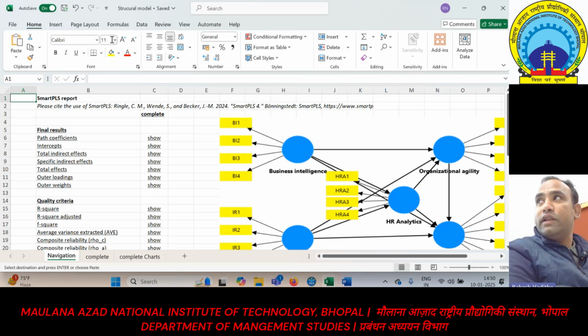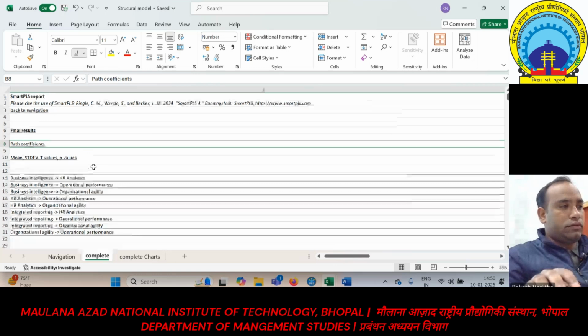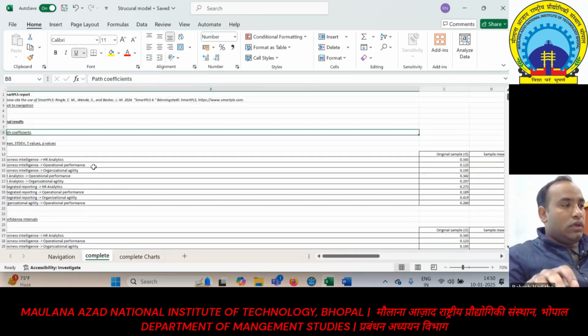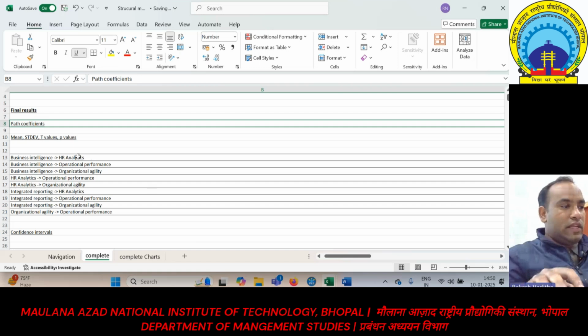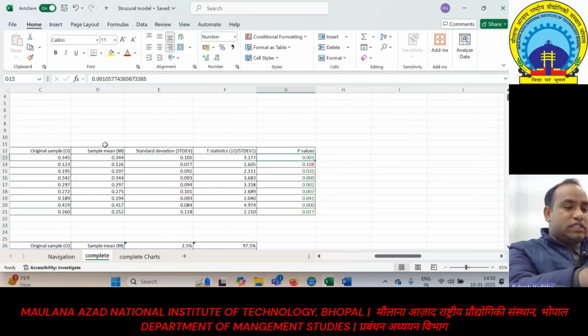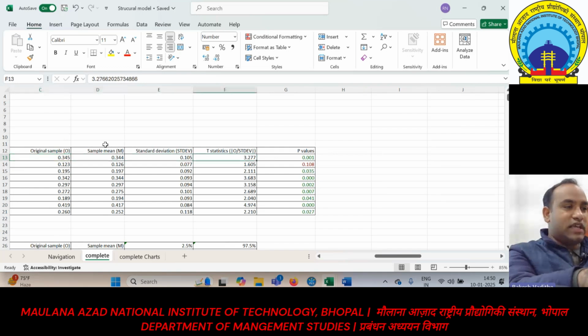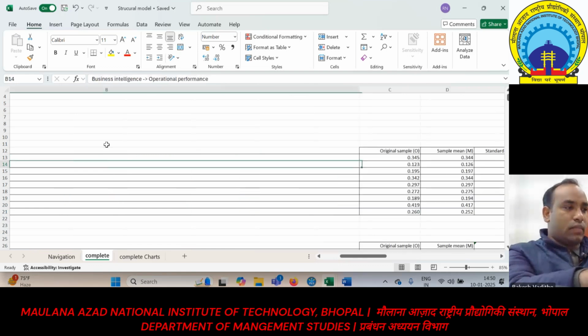Now we have to make a separate table for this structural model. Click on the path coefficient, show option. Here you will get the relationships, the hypotheses we proposed. According to this data, business intelligence to HR analytics is significant.